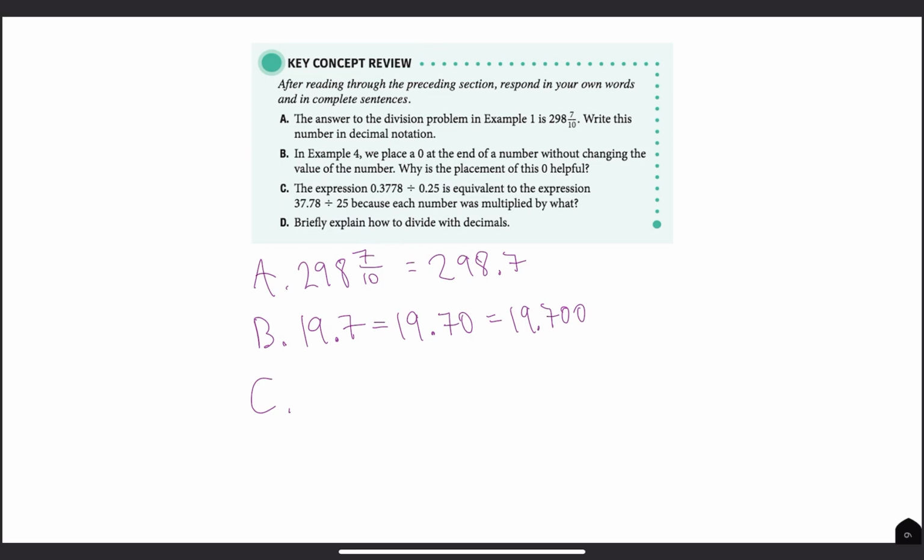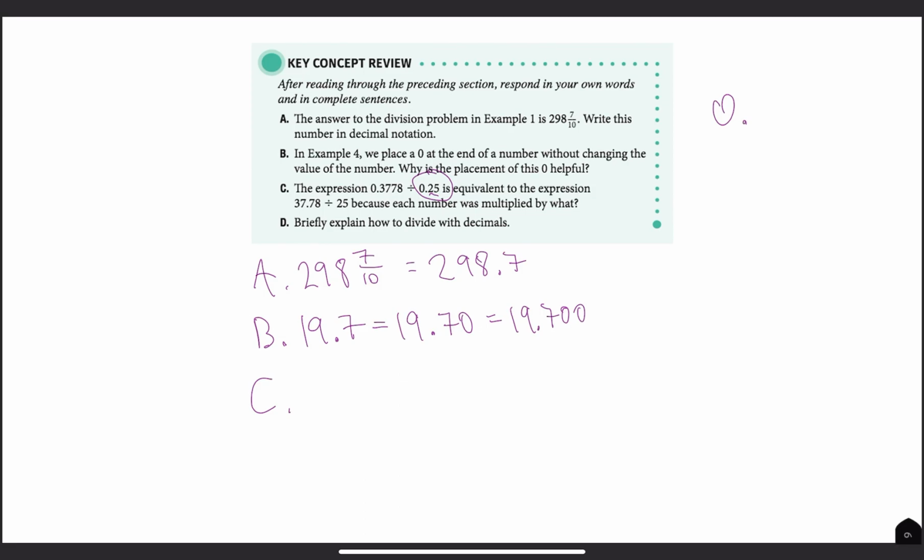C, this expression here is equivalent to the expression because each number was multiplied by what? So if I want to turn my divisor into a whole number, in this case, if it's in the hundredths place, what do I have to multiply by to make it a whole? Well, hundredths, I have to multiply by 100 to make it a whole.